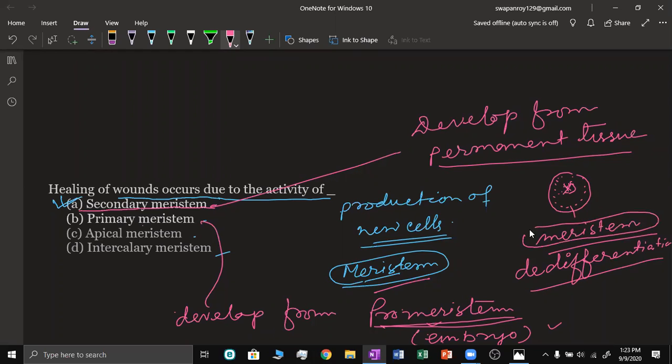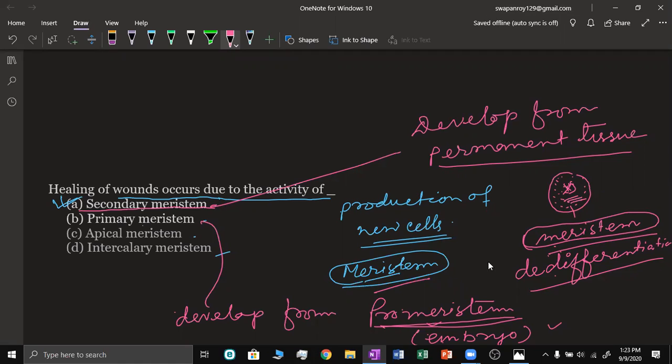So as this meristem is from the permanent tissue, this is known as secondary meristem, and this secondary meristem heals that wound. And once the wound is healed, the meristematic activity of the secondary meristem changes again.